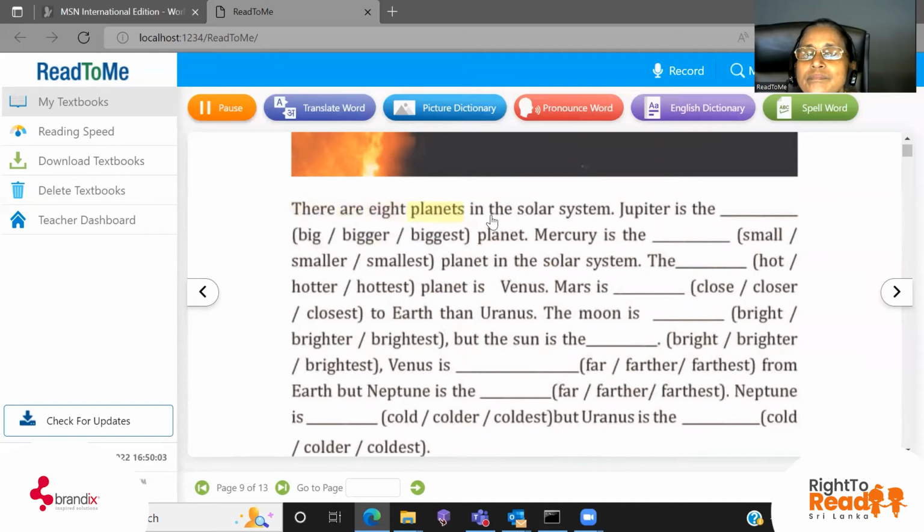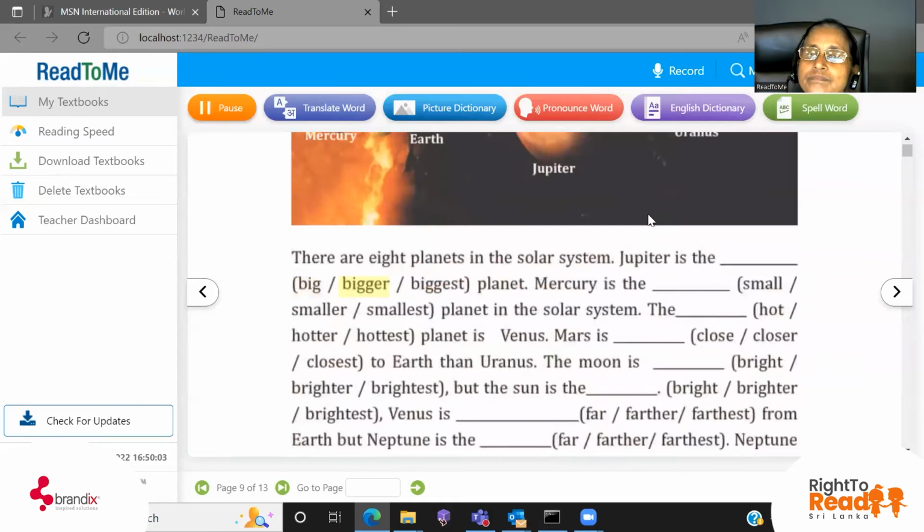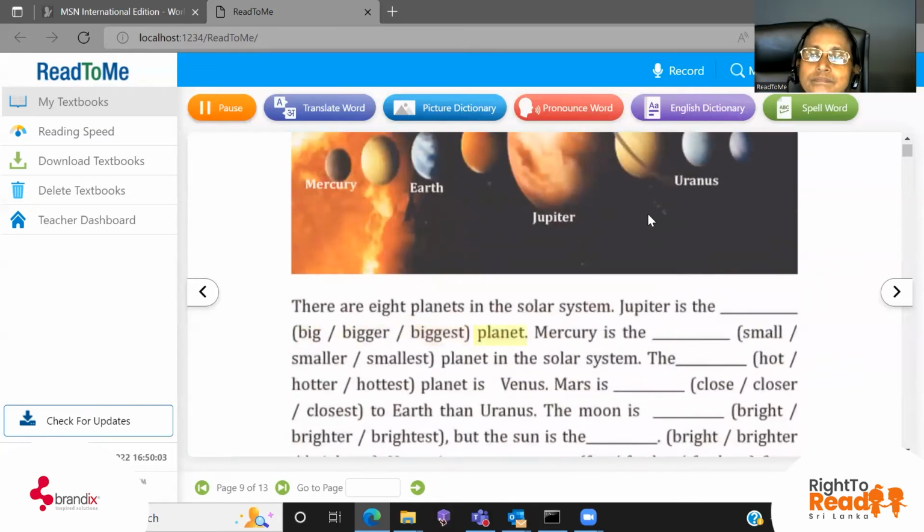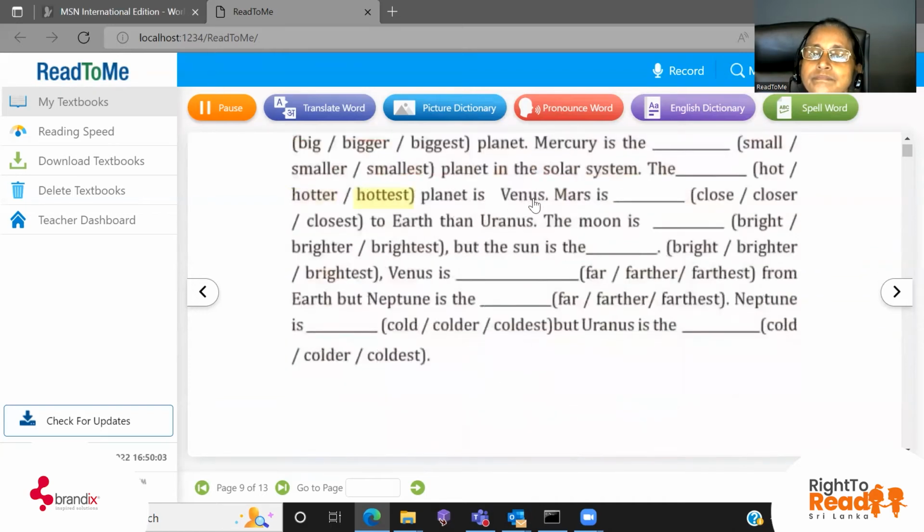There are 8 planets in the solar system. Jupiter is the biggest planet. Mercury is the smallest planet in the solar system. The hottest planet is Venus. Mars is closer to Earth than Uranus.